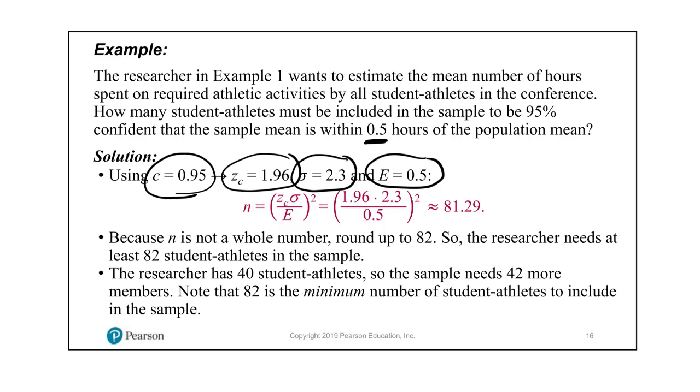Plug these in, and we get that the sample size is approximately 81.29, which will round up to 82. So we would need at least 82 in our sample in order to guarantee that margin of error. Remember before, it was 40 that was giving us the 0.7. So we need an additional 42 in our sample to get to this specified margin of error.